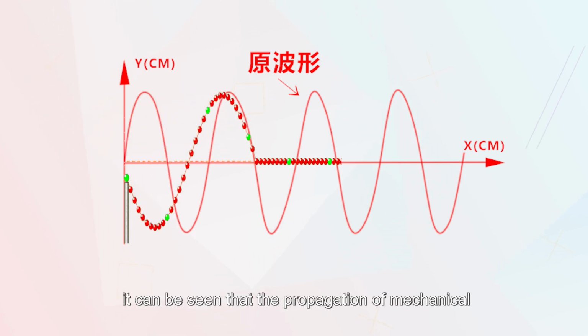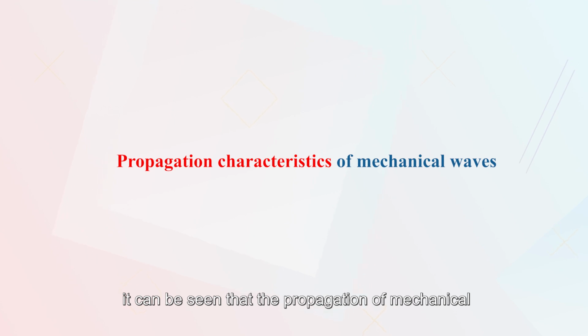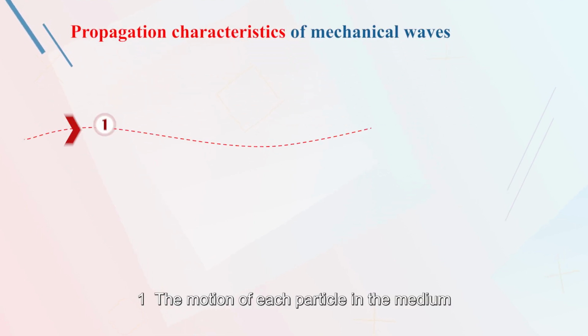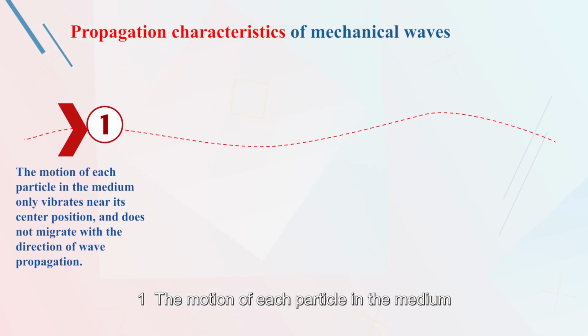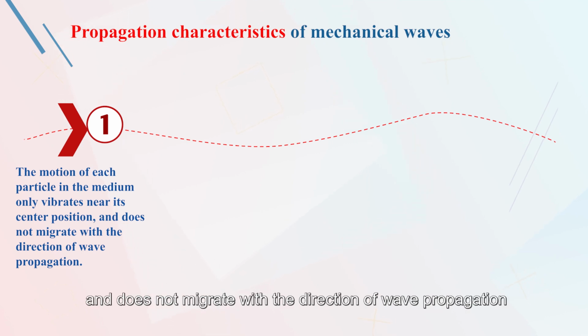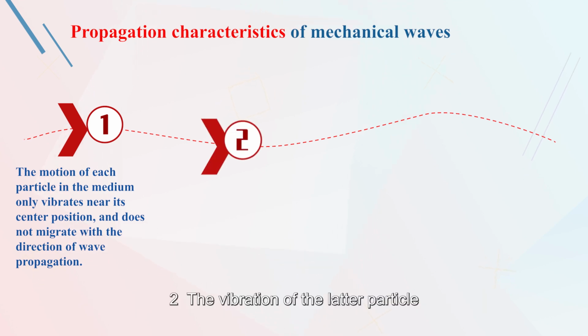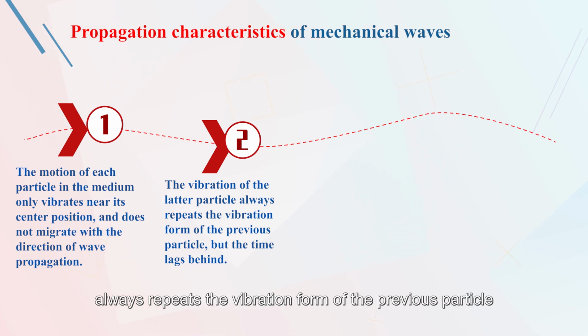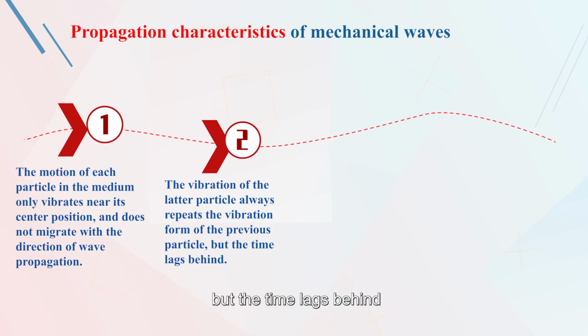So it can be seen that the propagation of mechanical waves has the following characteristics. 1. The motion of each particle in the medium only vibrates near its center position and does not migrate with the direction of wave propagation. 2. The vibration of the latter particle always repeats the vibration form of the previous particle, but the time lags behind. 3.